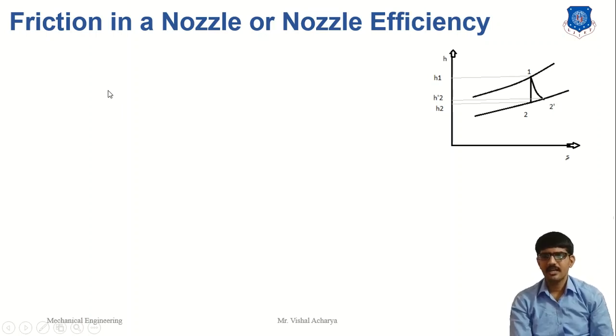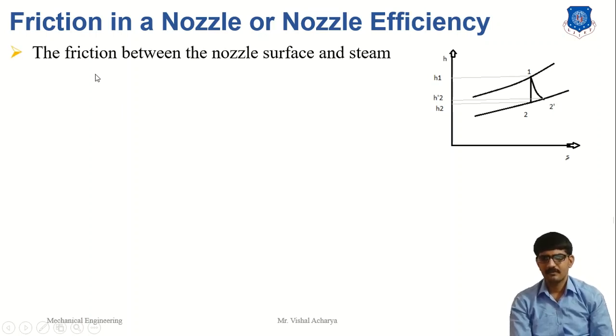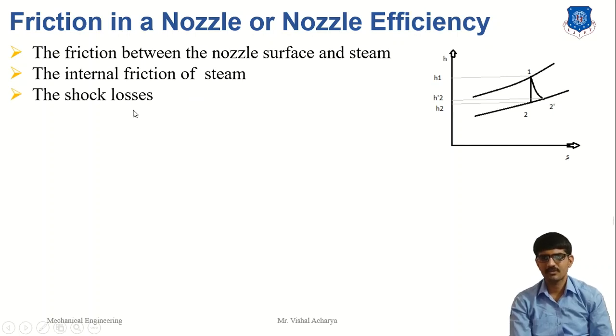Three types of friction are present: first, friction between the nozzle surface and the steam; second, the internal friction of the steam; and third, shock losses.